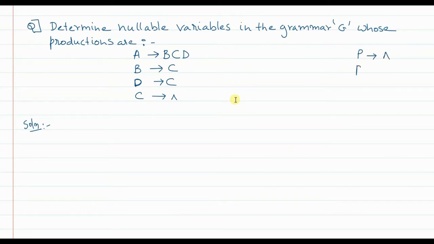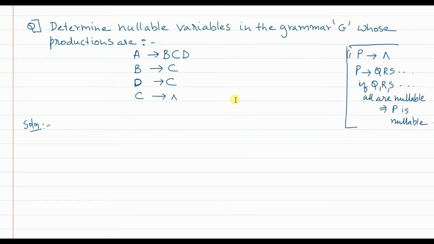P is also called nullable if P gives Q, R, S, and so on, and if Q, R, S, and so on all are nullable, this implies P is nullable. So these are the two formulas that we are going to see. This is the first one, directly nullable, and this is indirectly nullable.